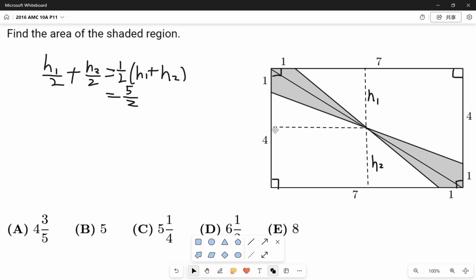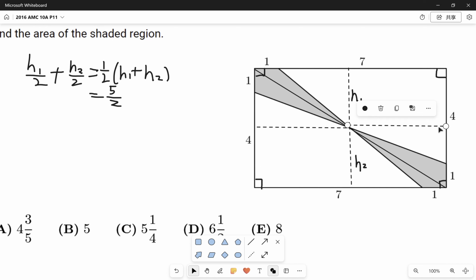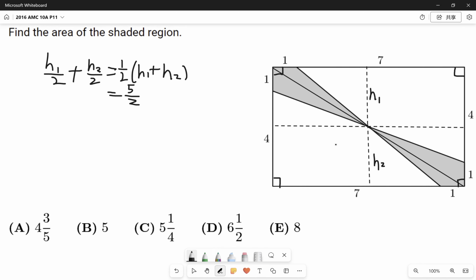And we know that this is also going to be the altitude on the other side. So basically we have two altitudes again, and we can call them H3 and H4.